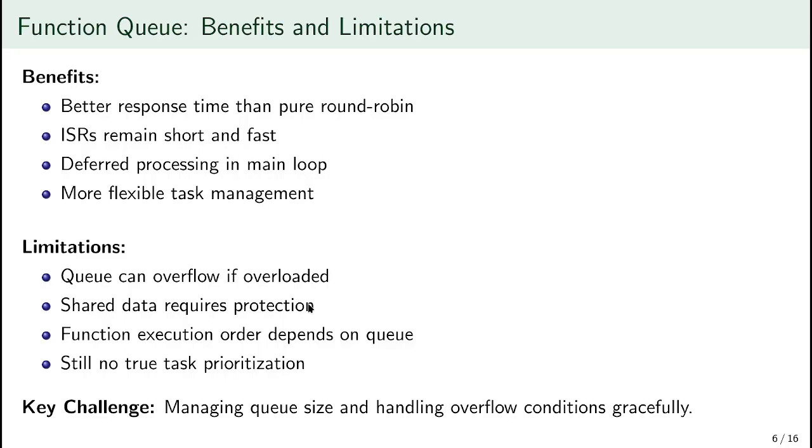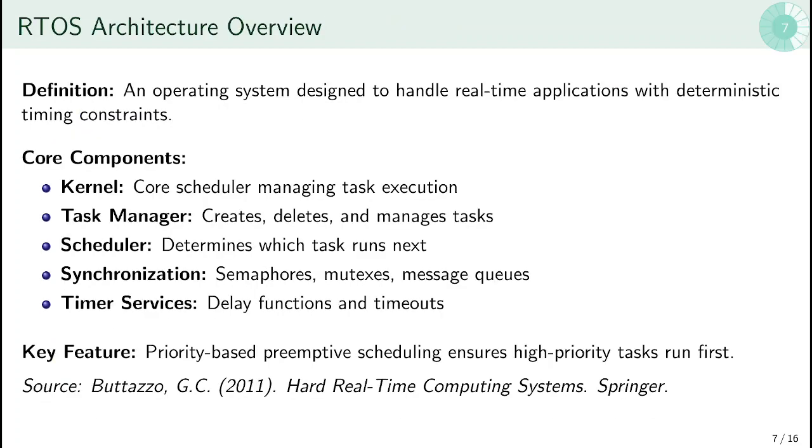So now we'll move to the next architecture, RTOS architecture. An RTOS is an operating system designed to handle real-time applications with deterministic timing constraints. It has a kernel, a task manager, a scheduler, and synchronization and timer services.